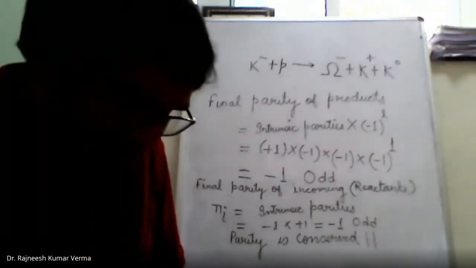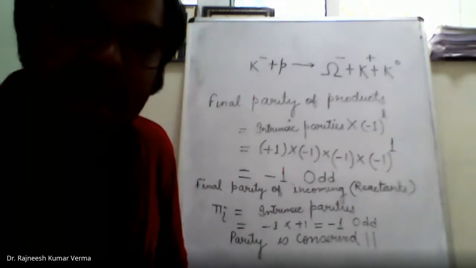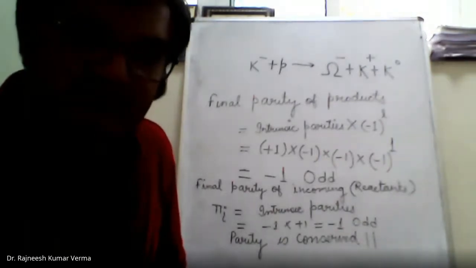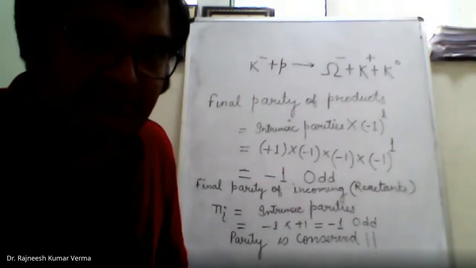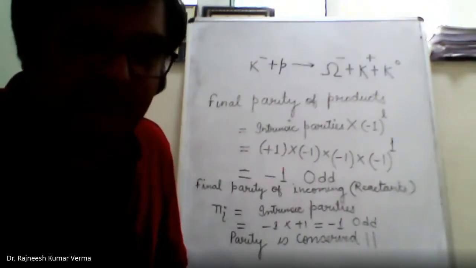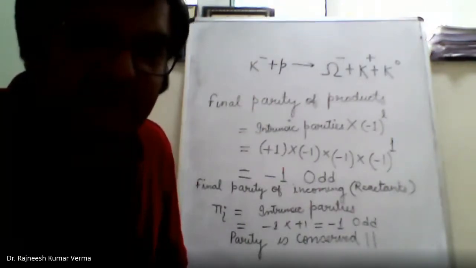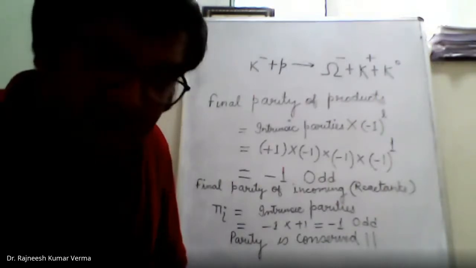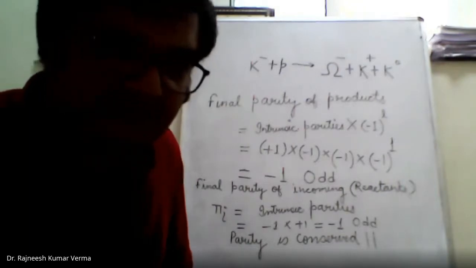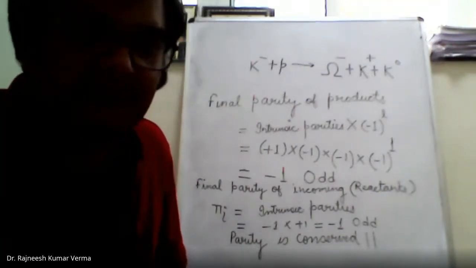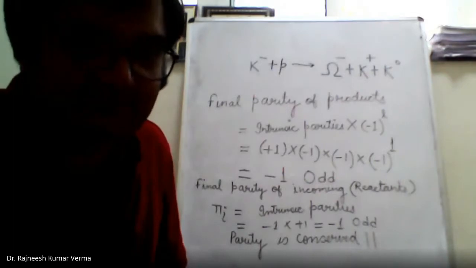Though I told you that checking the parity conservation in case of weak interaction is a trivial thing to do. Why? Because we already know that parity is not conserved in weak interaction. Even if it is conserved and other conservation laws are fulfilled, it can be weak interaction. But this is not a deciding factor whether the parity conservation should hold or not.